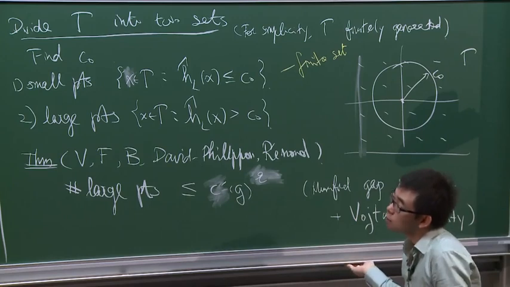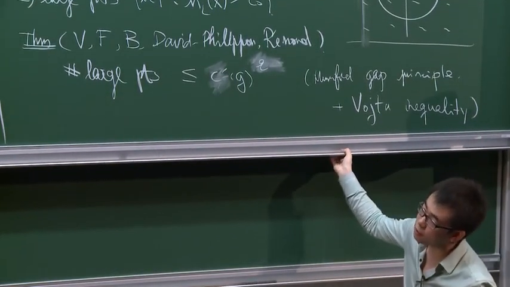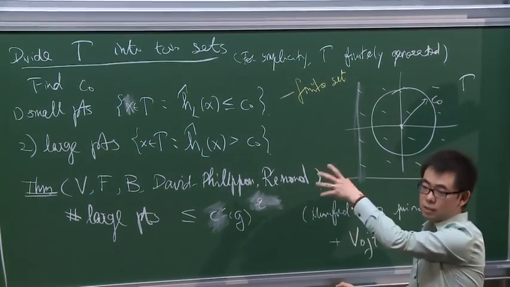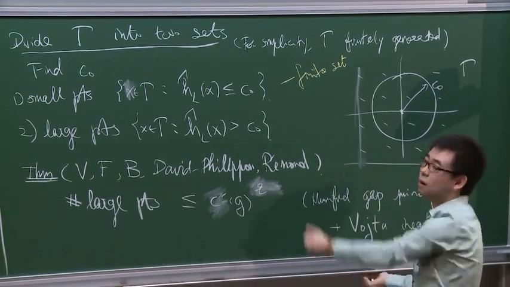So this is a review of the Bombieri-Faltings-Vojta method. It tells us that now, in order to study Mazur's conjecture, we only need to study the set of small points, which for Mordell is the automatic thing, but now it's the hard thing.